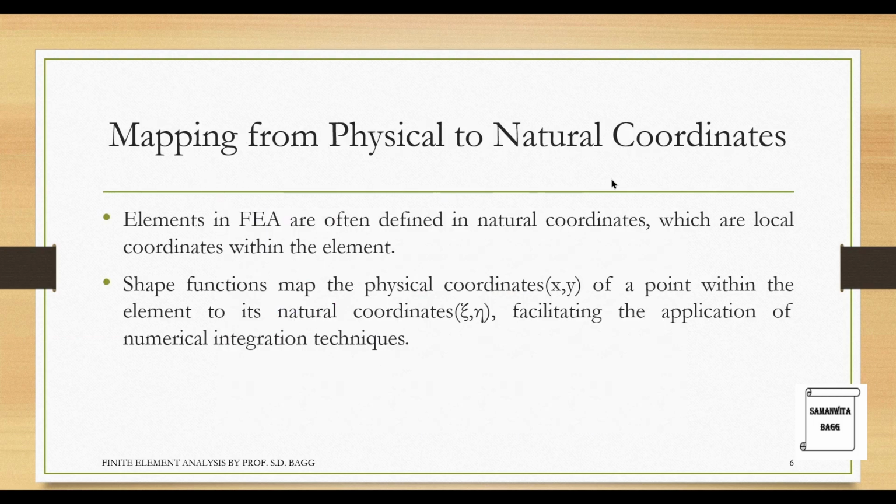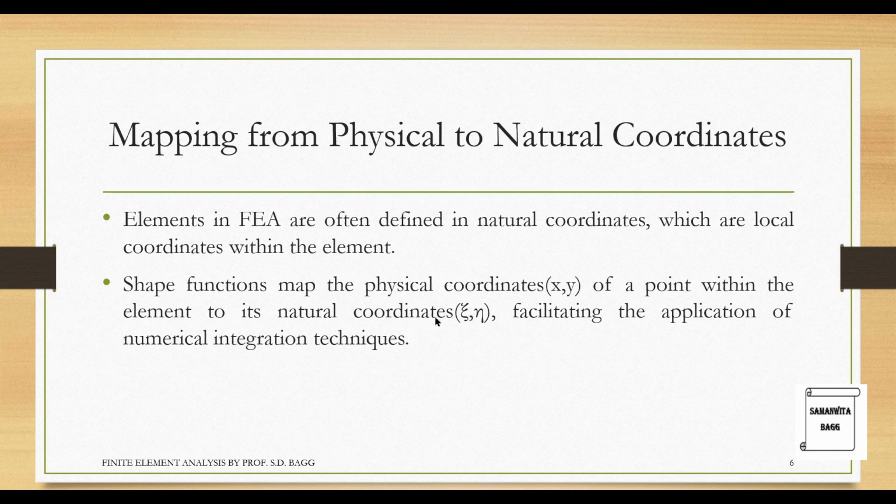Mapping from physical to natural coordinates. Elements in FEA are often defined in natural coordinates, which are local coordinates within the element. Shape functions map the physical coordinates, which means the x and y, that is the general way of writing a point within the element, to its natural coordinates zeta, eta.